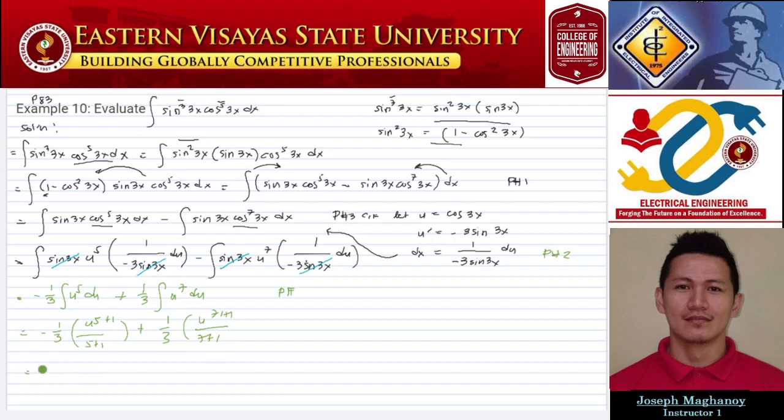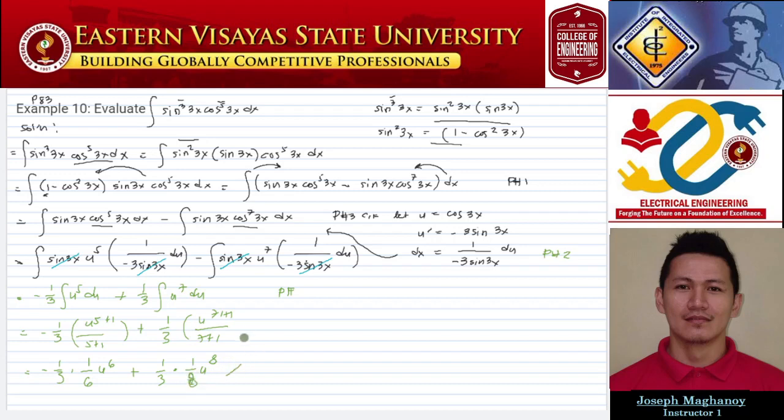Okay, so we have negative 1/3 quantity 1 over 6 u^6 plus 1/3 quantity 1 over 8 u^8, since that is 7 plus 1.